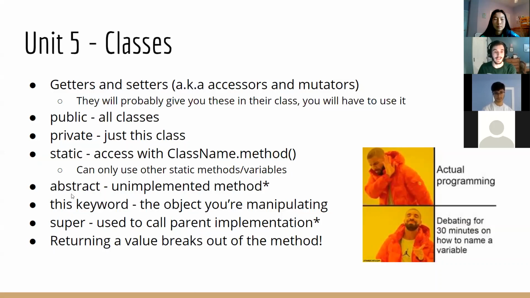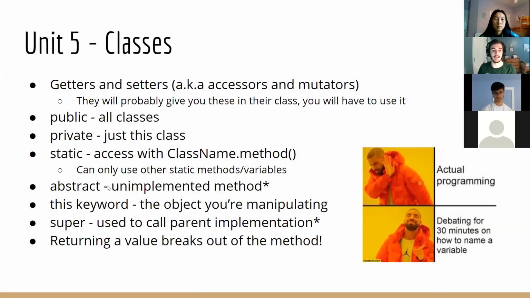So like a static method, an abstract method is a special type of method. You should only see these in abstract classes or in interfaces, which you don't have to worry about implementing on this exam.